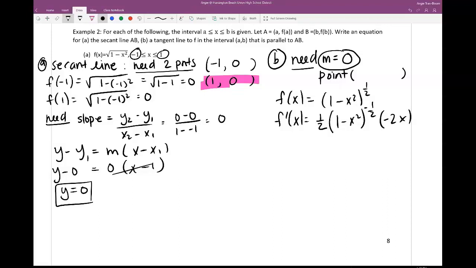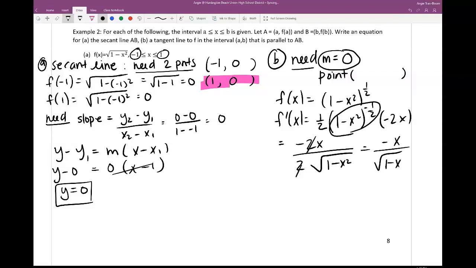I'm going to simplify this a little bit. I'll make this into a positive exponent by putting it in the bottom. So on the top, I will have -2x over 2 times the square root of 1 minus x squared, because a positive half is square root. The 2's will cancel, so now I have -x all over square root of 1 minus x squared.